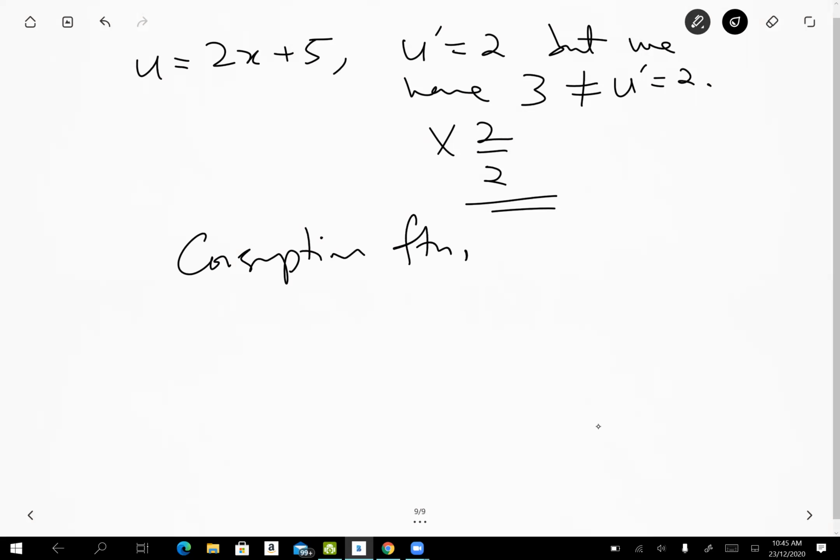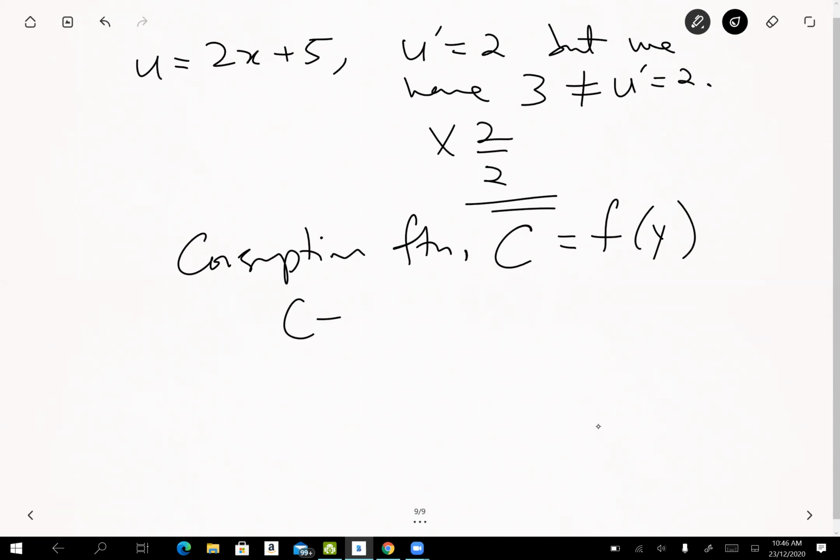This is macroeconomics, C. Okay, consumption function C. And the derivative of the consumption function, and the consumption function is a function of y. That y is not xy. That y is the independent variable. So consumption is a function of y.